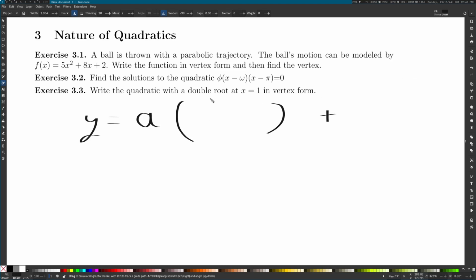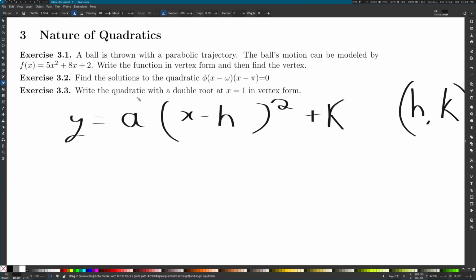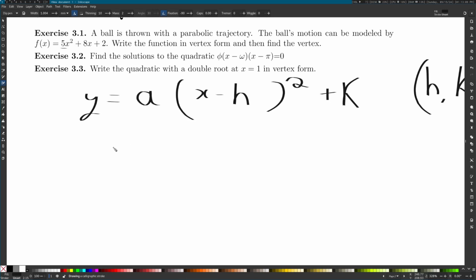Oh, y equals a times (x minus h) squared plus k. This is vertex form. h and k are equal to the vertex. And this a term here is always the same. So we can just plug in the a term here, and that reduces one variable.